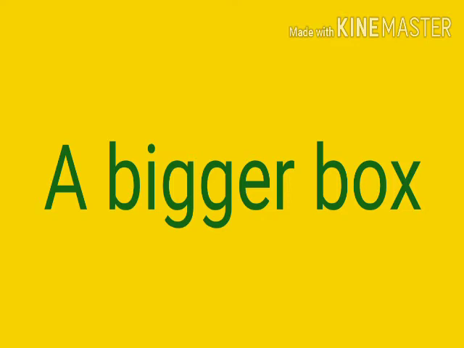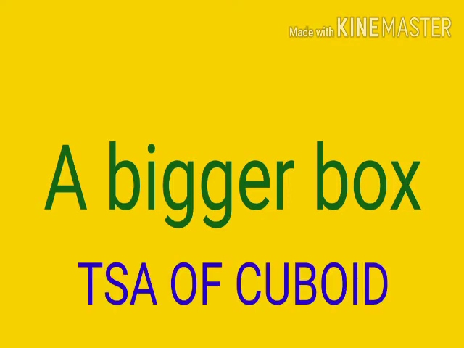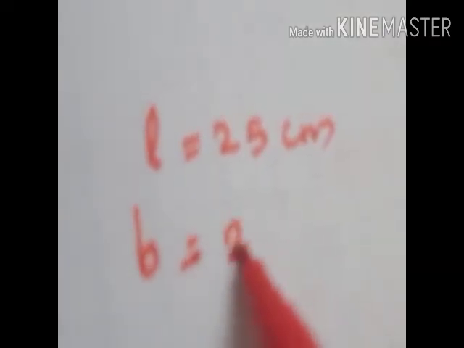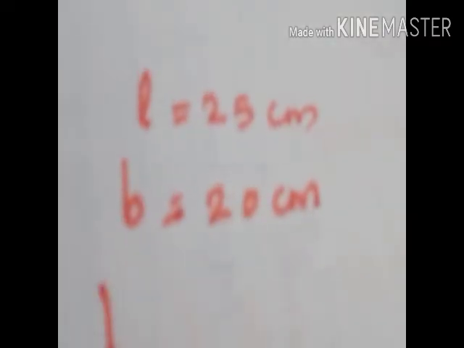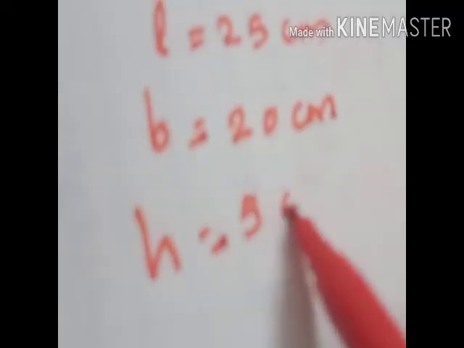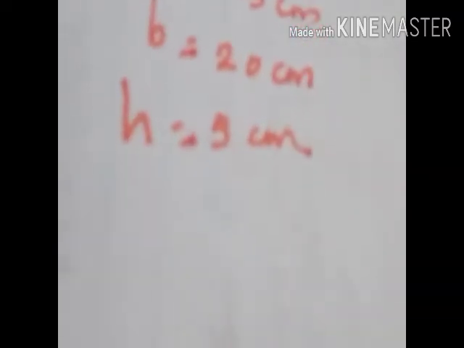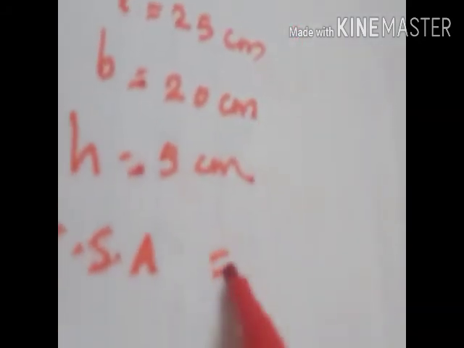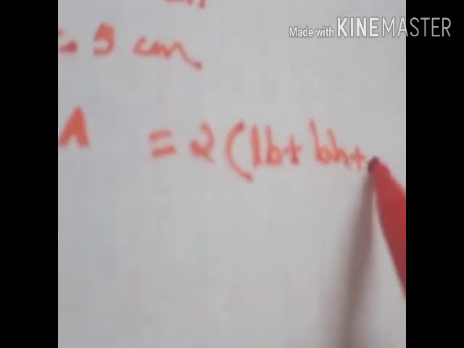For that, we have to find total surface area of the bigger box using the equation TSA of cuboid. In the case of bigger box, length is given as 25 cm, breadth is given as 20 cm, and height is given as 5 cm. So here we have to find TSA. TSA of a cuboid is 2 into (LB plus BH plus LH).